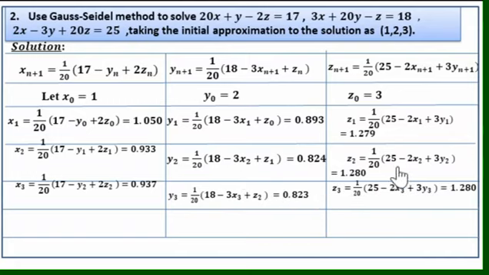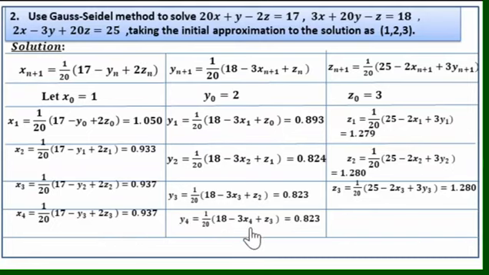Look at the formula for z2, replace z2 by z3, x2 by x3, y2 by y3. Substituting for x3 and y3, the recent values of x and y, we get 1.280. z3 will be 1.280. Next, find x4, 0.937, y4, 0.823, and z4, 1.280.